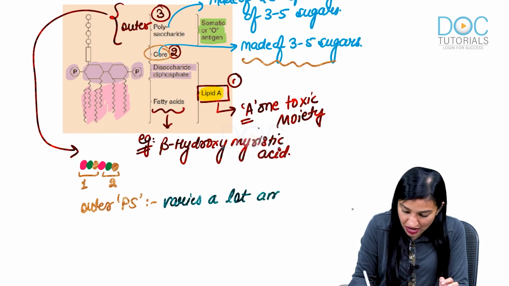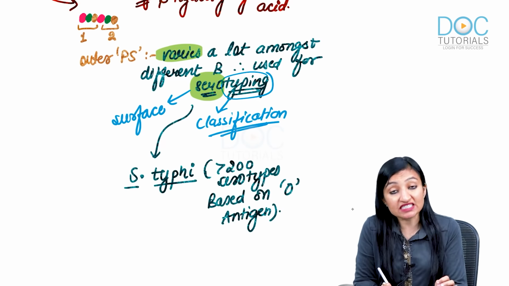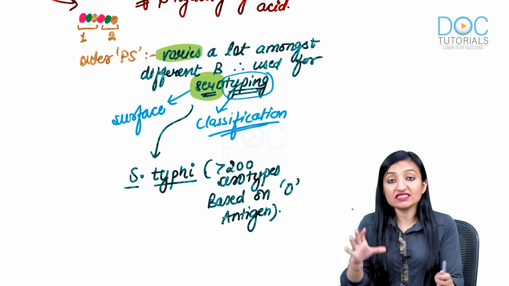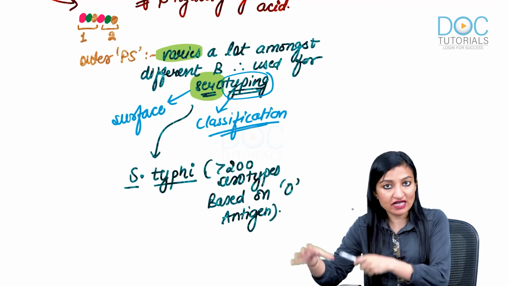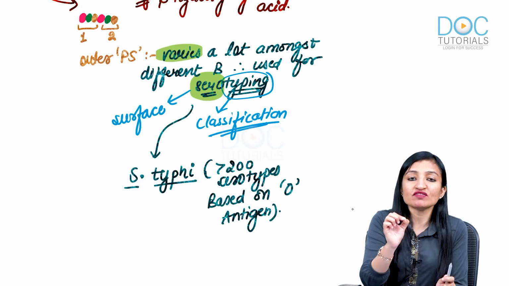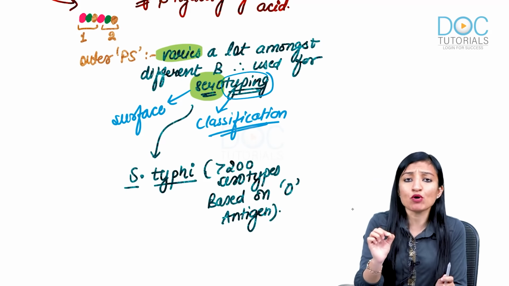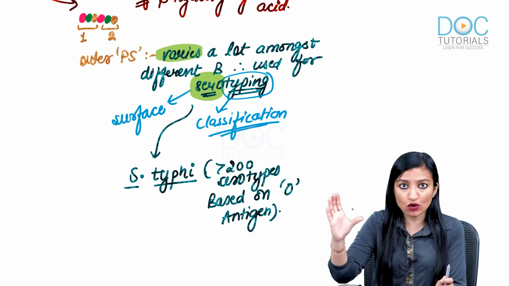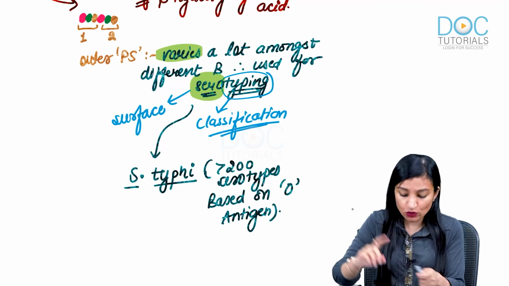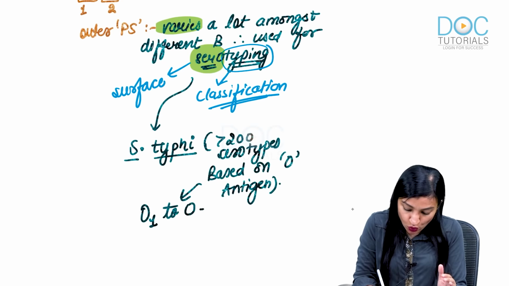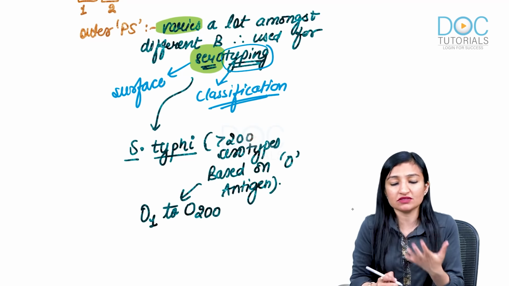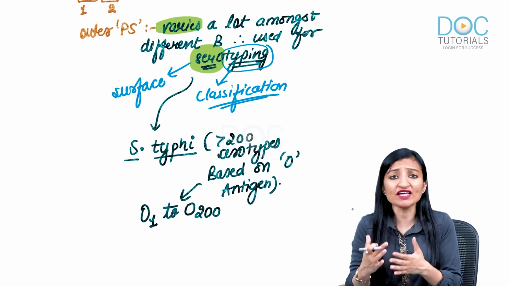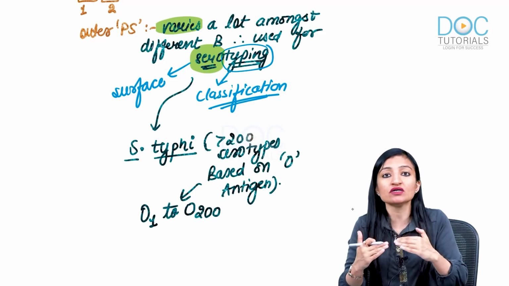The name of the genus is Salmonella, the species name is typhi, but suppose there are 200 different Salmonella typhi organisms, then each one of them is going to have a unique type of O antigen or outer polysaccharide. So we can designate these 200 different types of O antigens as O1, O2, up to O200. That is what I was referring to, classifying an organism below the level of the species.